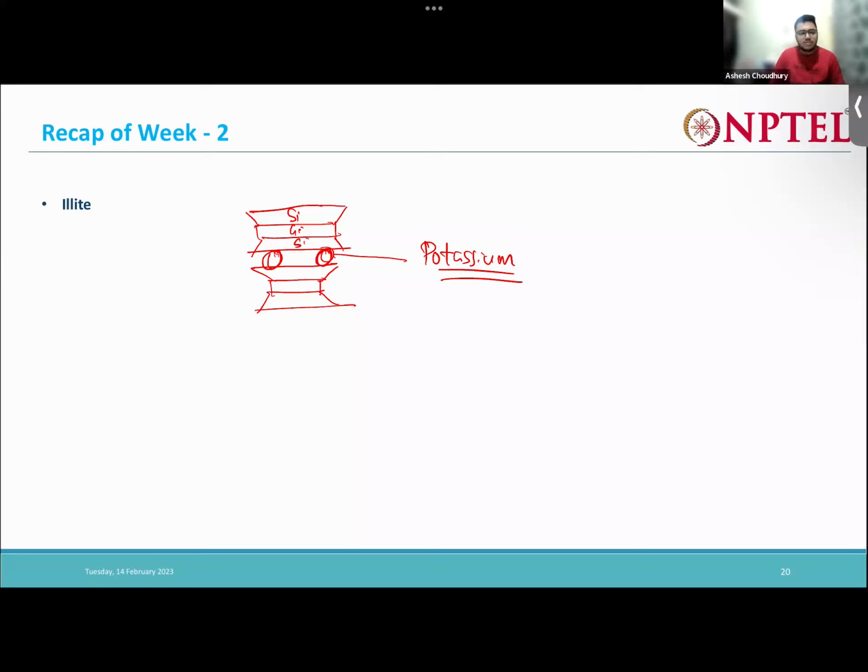Due to the presence of potassium, the soil is a little less active than montmorillonite. It is more active than kaolinite, but less active than montmorillonite. So if you arrange it, the most expansive or active is montmorillonite, then illite, and then kaolinite.